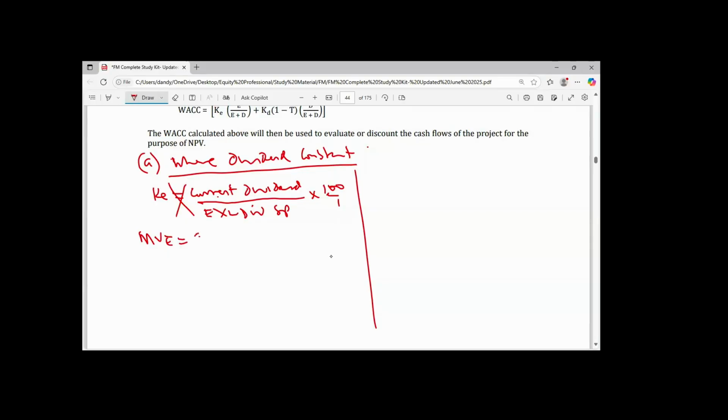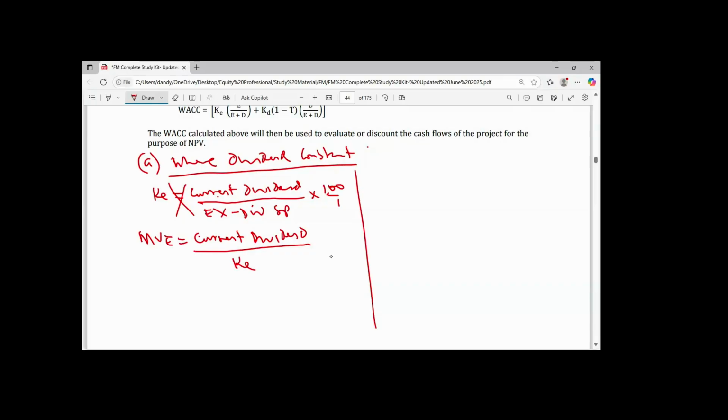So I would just say current dividend divided by KE, which is cost of equity.